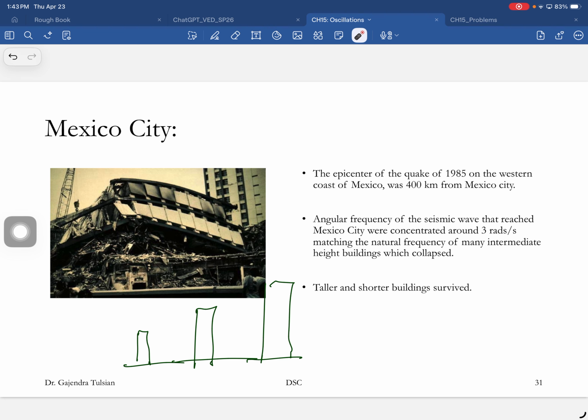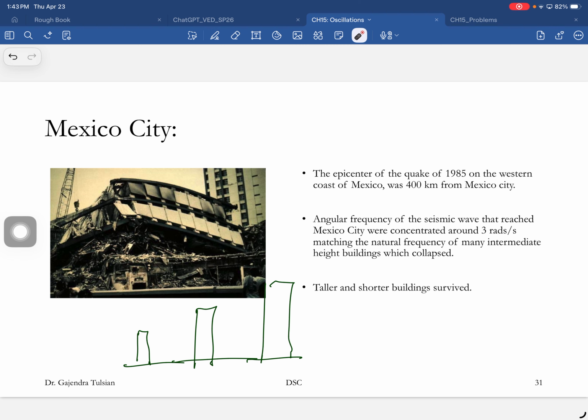Okay, so this happened. The epicenter of the quake in 1985 on the western coast of Mexico was 400 kilometers from Mexico City. The angular frequency of the seismic waves that reached Mexico City was concentrated at 3 radians per second. One oscillation is 2 pi radians, so that's about 6 radians, so the ground was oscillating once every 2 seconds.